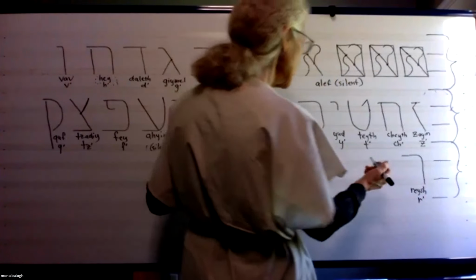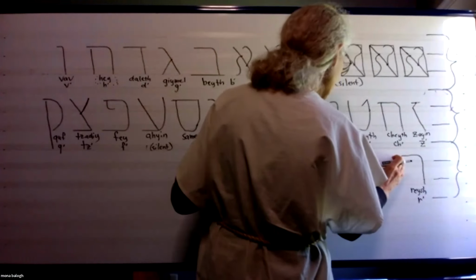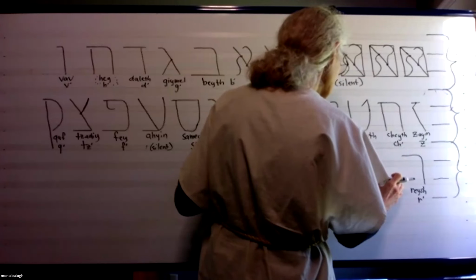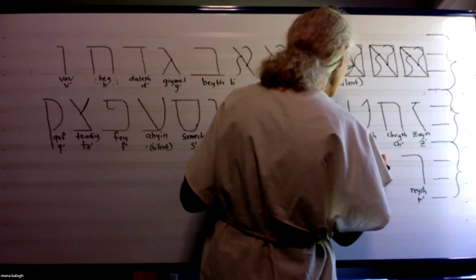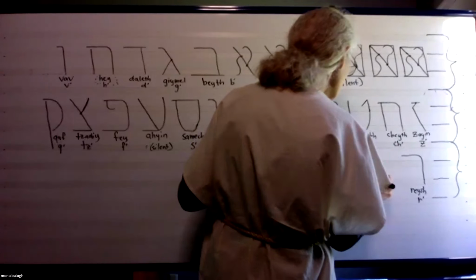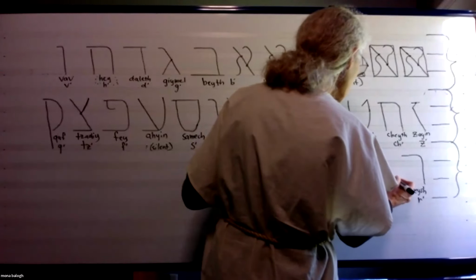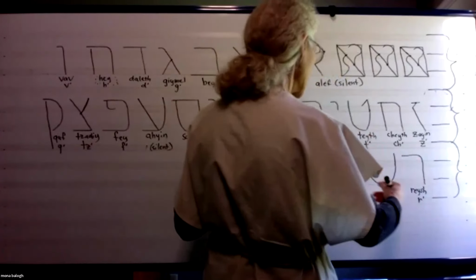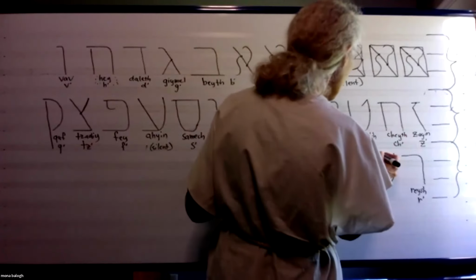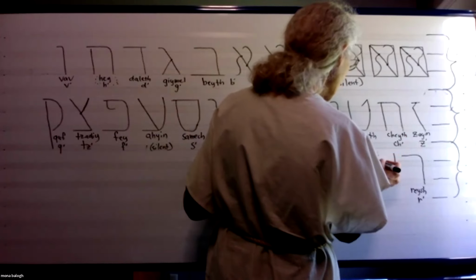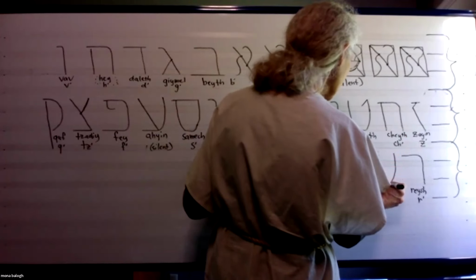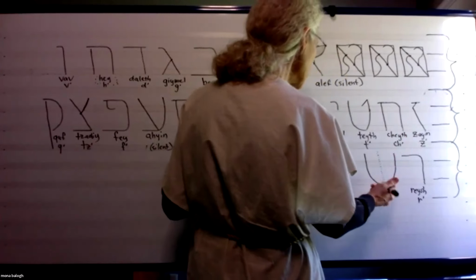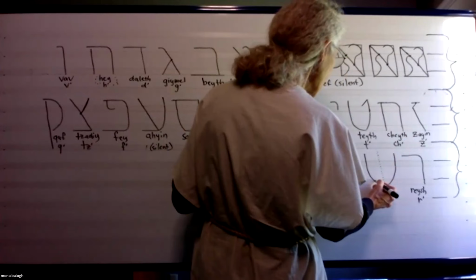Next is Sheen. Start in the upper left and give yourself plenty of room because this is going to be a big, well, it looks like a salad bowl. Okay. Start in the upper left and come down all the way and then come up on the other side. Okay, that's like a big U, a big salad bowl. We're going to make an imaginary line down the middle. Okay, and with that imaginary line, we're going to look at the bottom left and draw a dot.